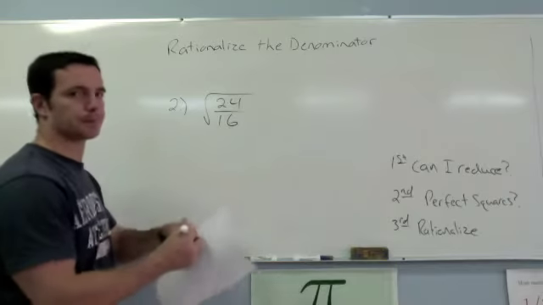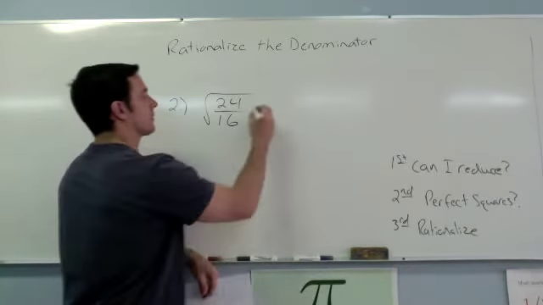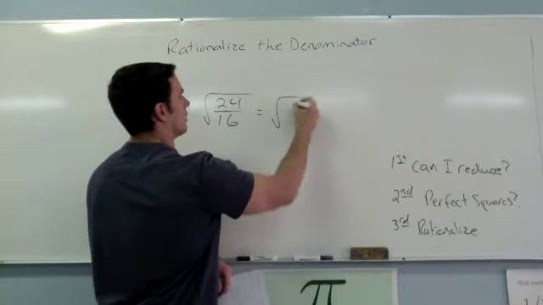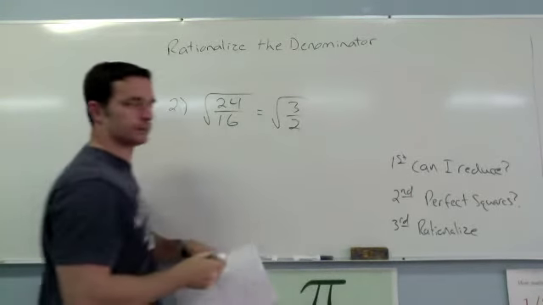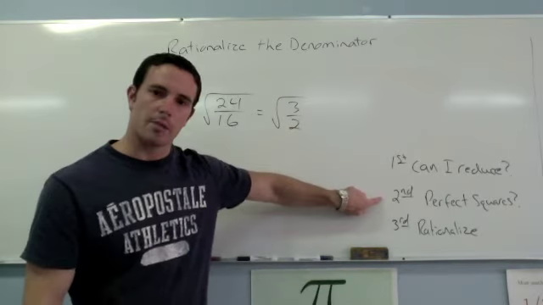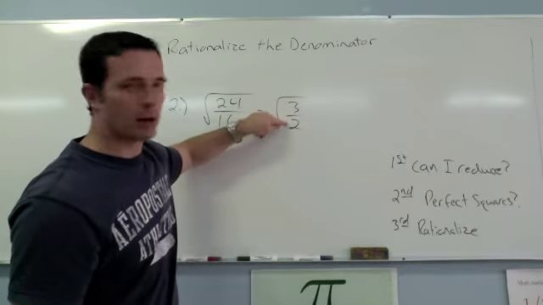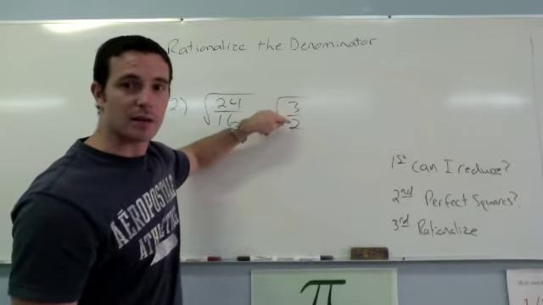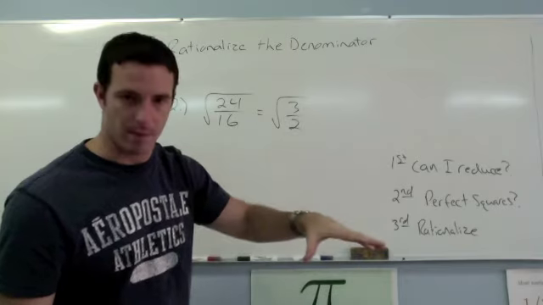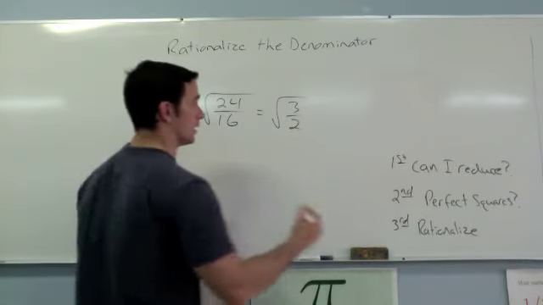So let's do that. Both of these can be divided by 8. This will give me the square root of 3 over 2. From there, now, are there any perfect squares I can pull out? Neither of these have perfect squares in them. Therefore, I move to the next step, rationalize the denominator.